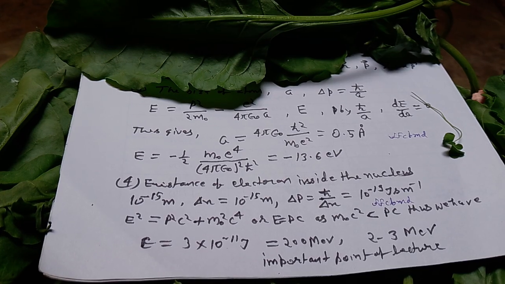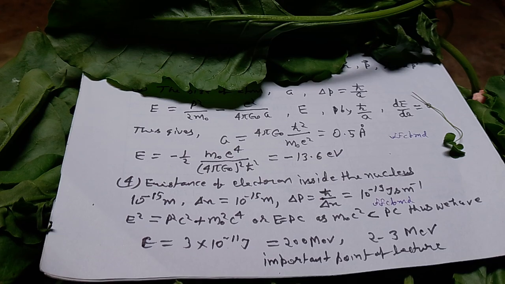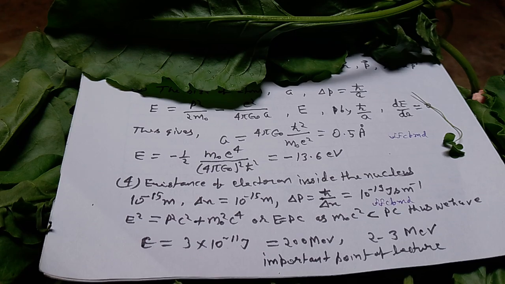Now let's see some important points related to this lecture, or this whole set of lectures, that is matter waves and the uncertainty principle. The first point: wave particle duality and the localization of particles lead to the representation of a particle by a group of waves called a wave packet.